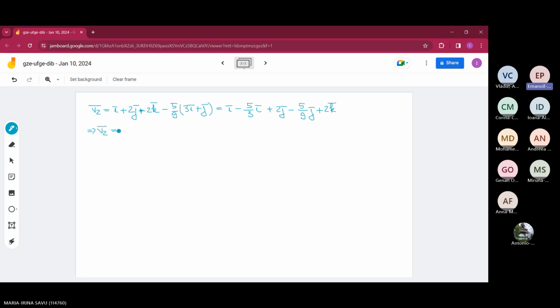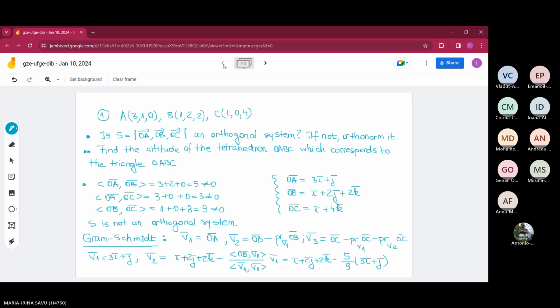I have a question. Why is it 5/9? Isn't it 5/10? Because it's 3 times 3 plus 1. I got it wrong. Sorry, I was looking at OB. Exactly, yes. I made this mistake the first time too.